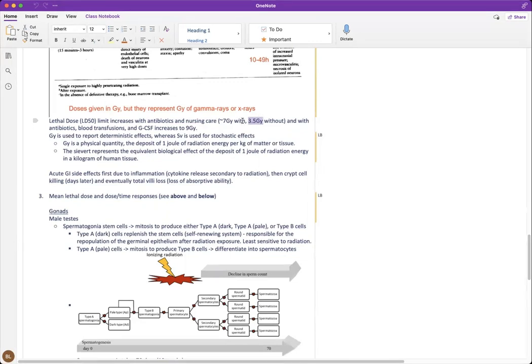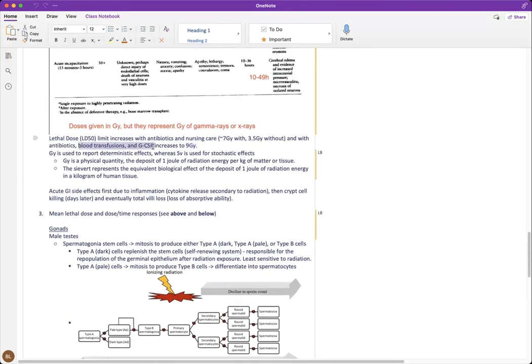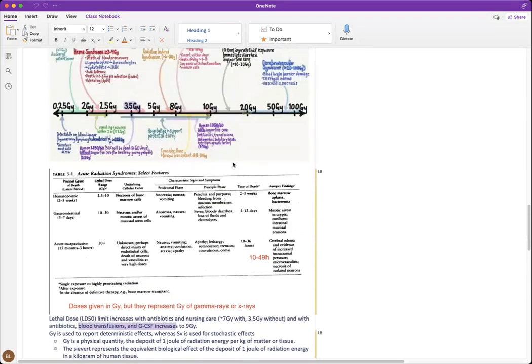But if you do have care, that threshold to death might be 7 gray. And then furthermore, if you have blood transfusions and granulocyte colony stimulating factor, you can increase that LD50 to 9 gray. Where do we see blood transfusions and GCSF come in?